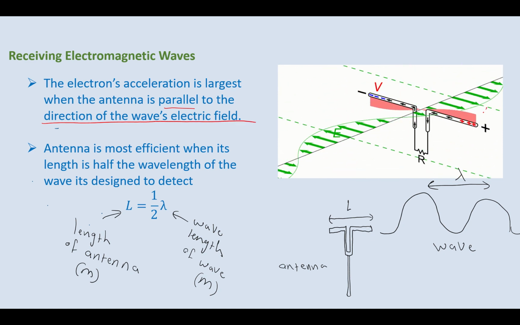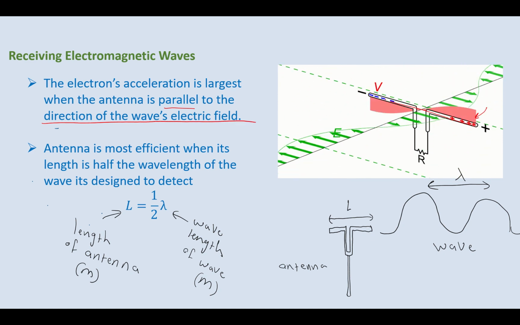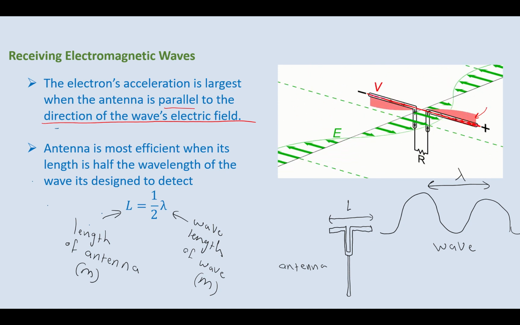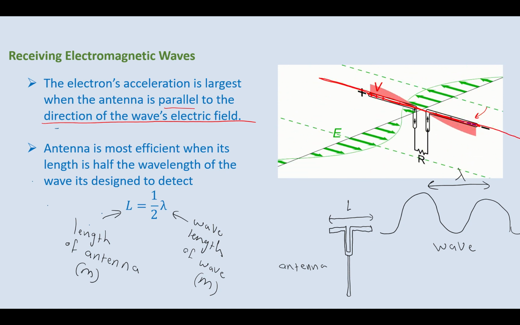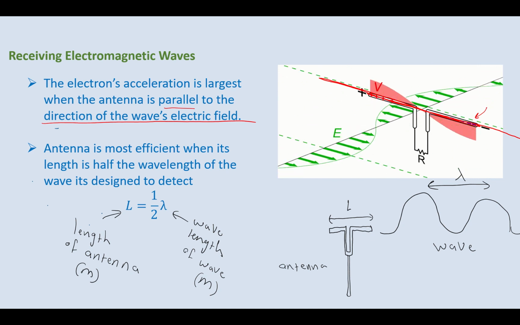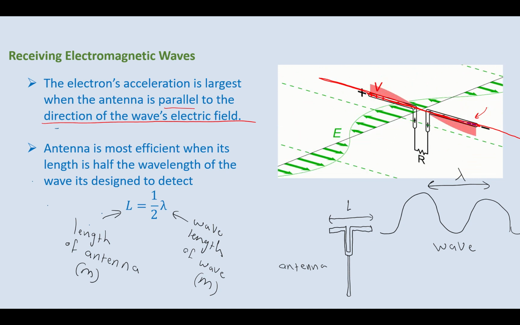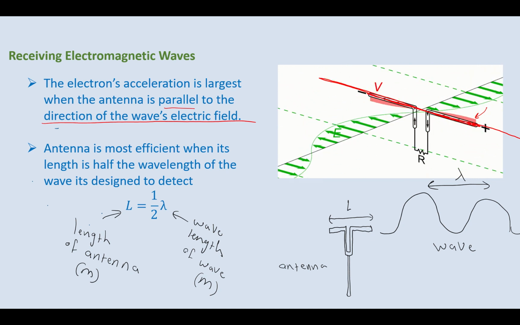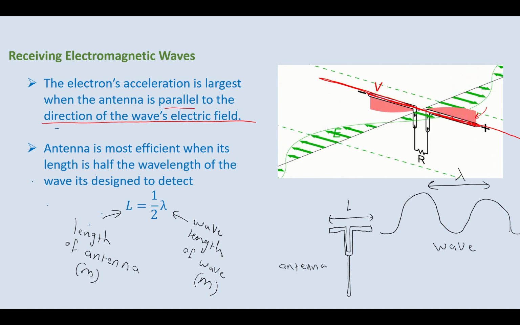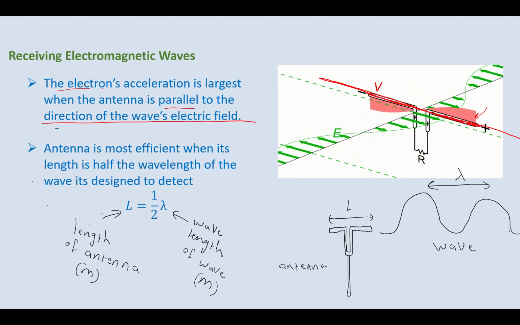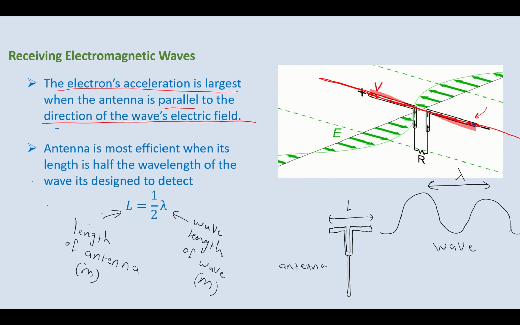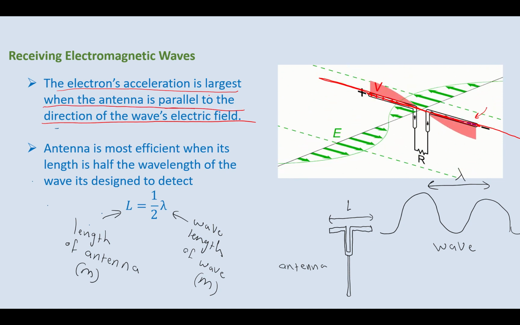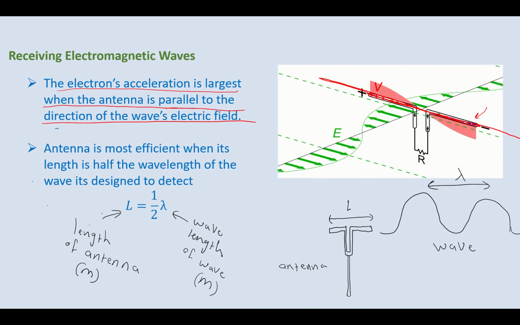So, you can see here that the antenna spans this axis right here. It is parallel to the electric field that the antenna is designed to receive. So the electron's acceleration is largest and the antenna works best when the antenna is parallel to the direction of the wave's electric field.